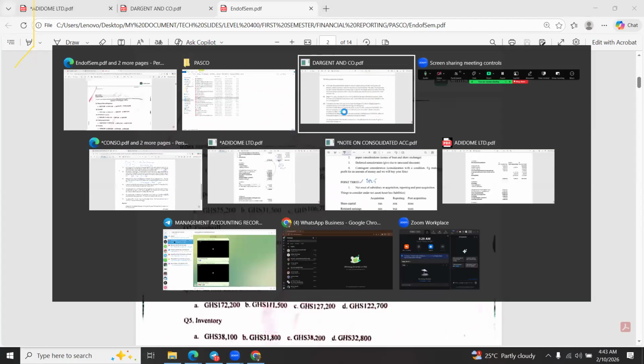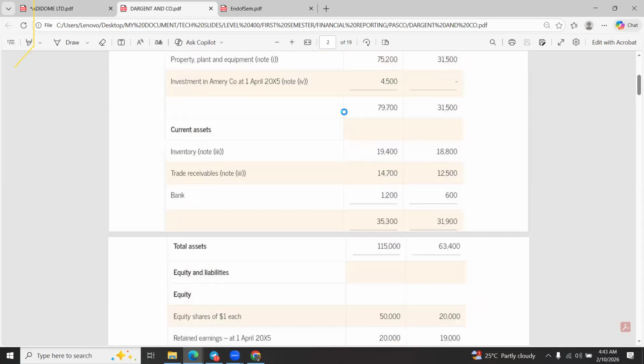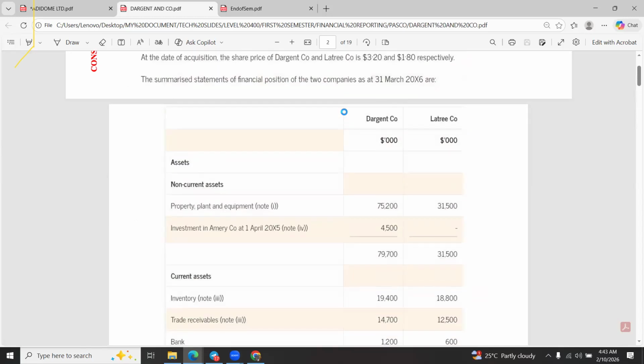And the first question they asked was to determine property, plant, and equipment, determine goodwill, and the investment in associates. So this question had an associate. We don't want to skip the gun and go to an associate. That is why I taught Adidome and Akachi, which just has a parent and a subsidiary.